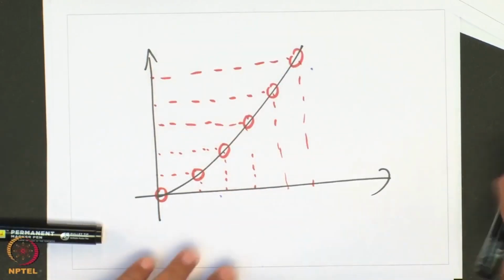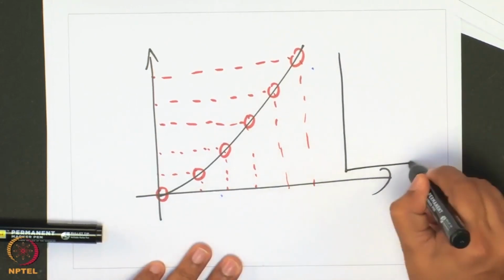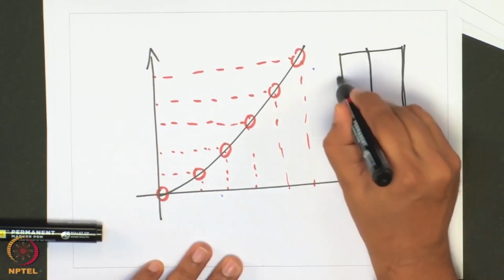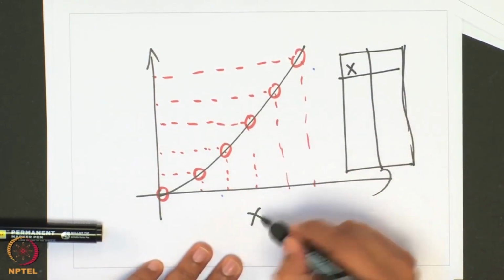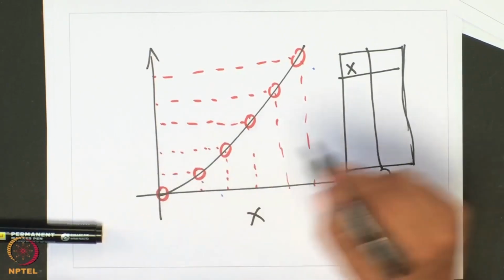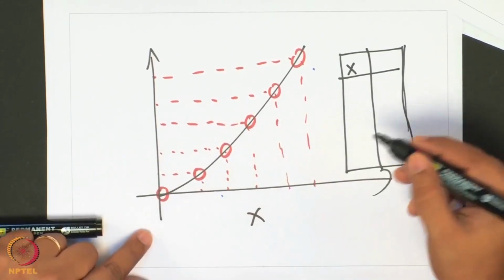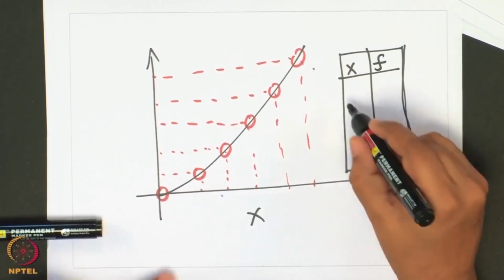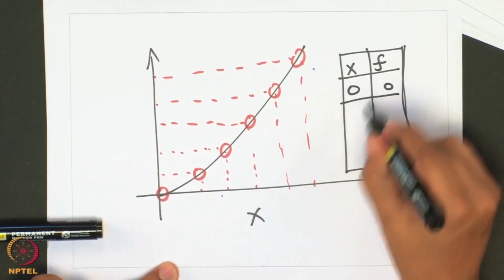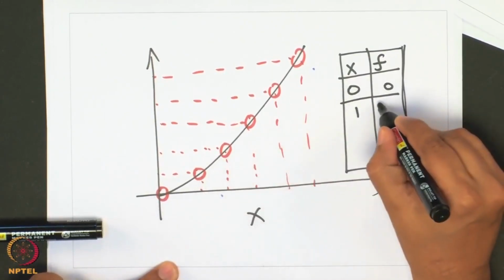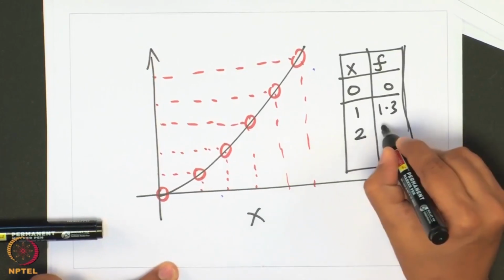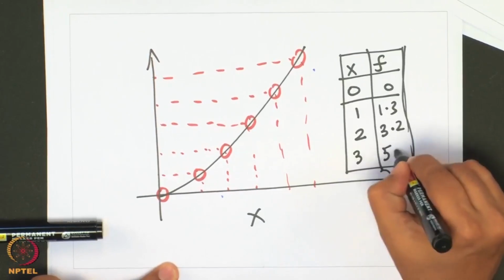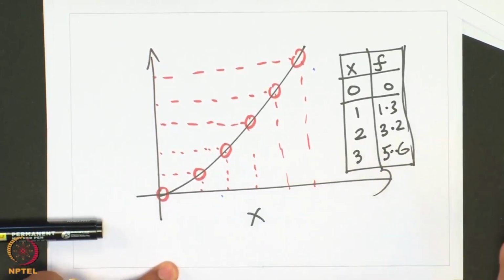Experimentally, what we have is essentially a table. X, which is this axis, and whatever we measure on the y-axis, could be concentration or whatever, so some f. And then we have data points: 0, 0; 1, 1.3; 2, 3.2; 3, 5.6; some data like this.